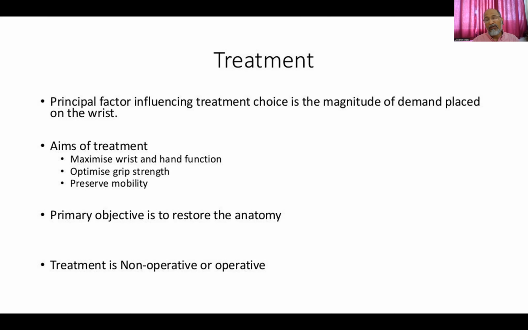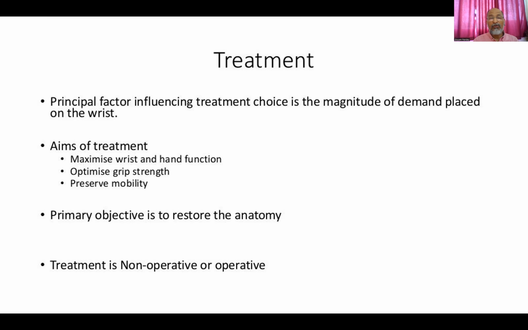Then what is our aim in general? The aim is to get the maximum wrist and hand function, and we have to get optimized grip function because the grip is a very important part of the hand, and that should be preserved and restored to 100%. At the same time, the mobility at the wrist should be restored to 100% because it has a bearing on the functional capacity of the hand.